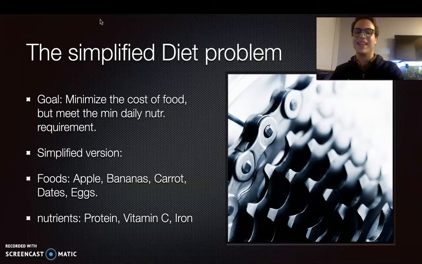It cannot happen. We need to create this diet, and I'm going to show you a simplified method where we follow a set of rules and put them in a very specific order for us to have a clearer understanding of this problem. We have our foods, depicted as apples, bananas, carrots, dates, and eggs.